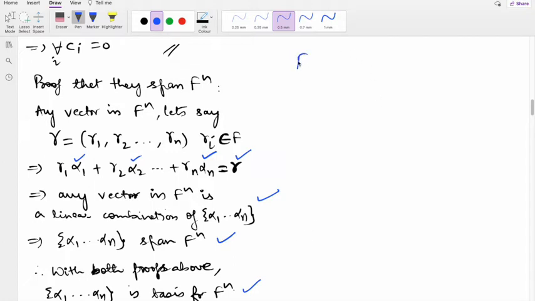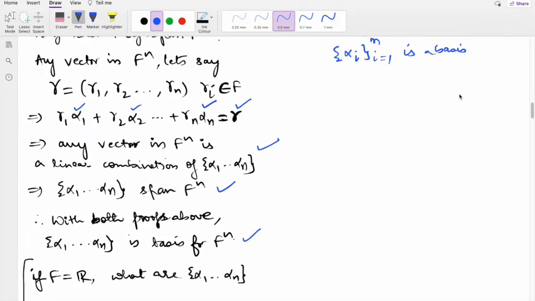So any F you choose, we know that Fn is a vector space, and for any Fn, this particular way of defining these vectors as alpha i, where the ith coordinate is 1 and all the remaining coordinates are 0, is a basis for it, right? So this should bring you to the idea that if F is R, what are alpha 1 to alpha n? They're just the n axes that you have.